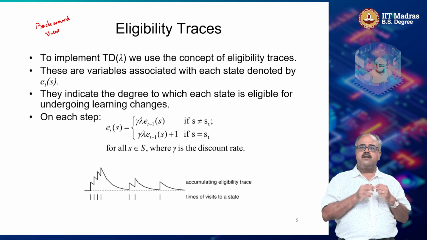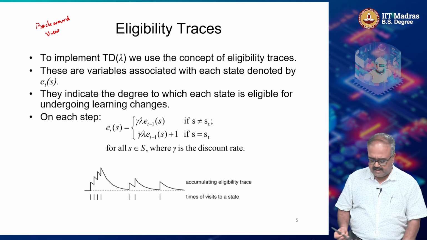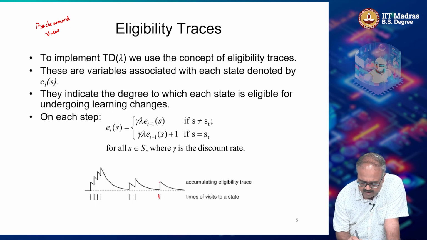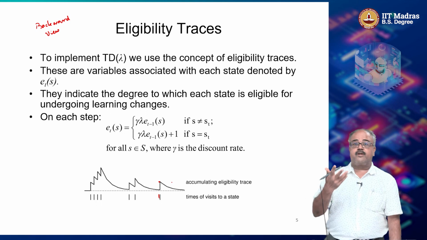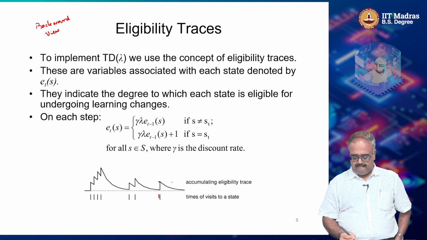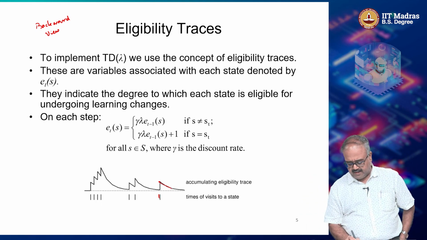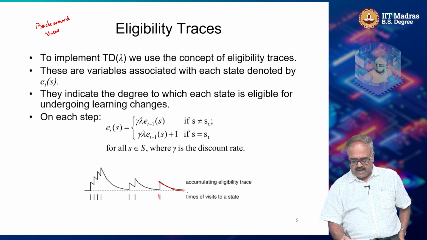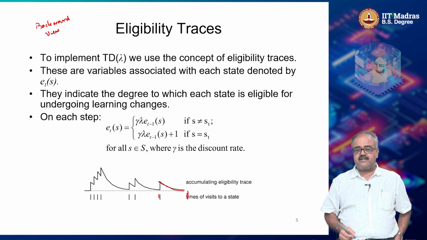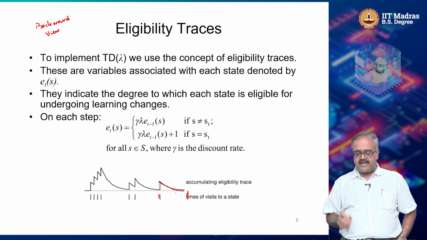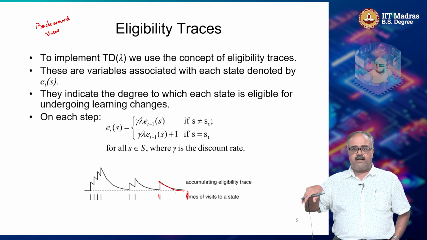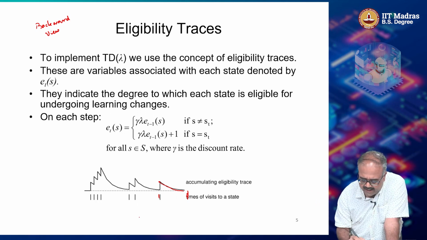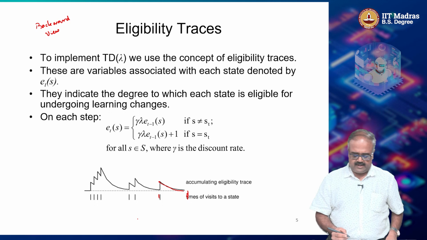So, what people said is, as soon as an event happens, let us say the event happened here, it becomes eligible to receive any future rewards that are going to come, and as time goes by, the eligibility for getting the reward is going to decrease. So, if the reward happens at some point in the future, then this state is no longer eligible because the eligibility has decayed. That is the idea behind eligibility traces.